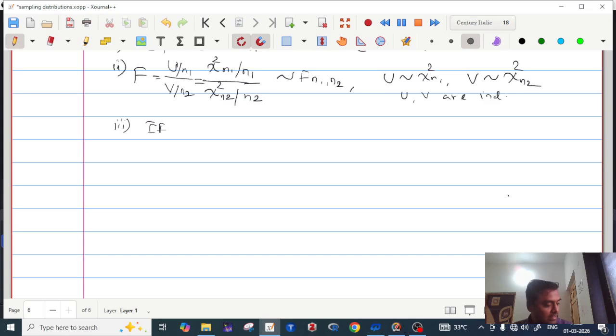That's it. The last is: if F follows F with n1 comma n2, then n1 F follows chi-square with n1 as n2 tends to infinity.